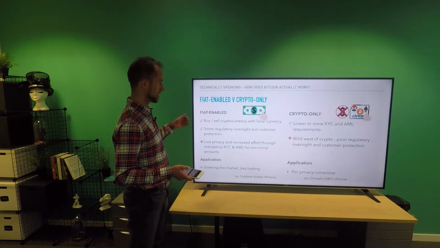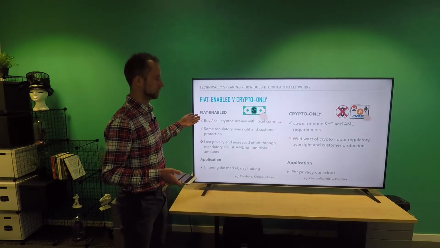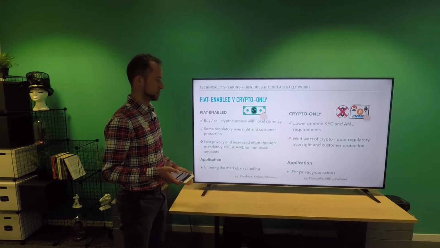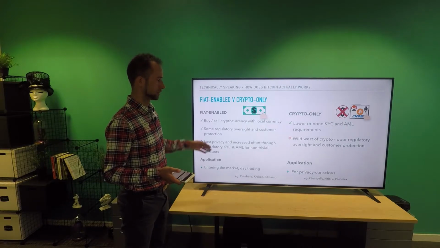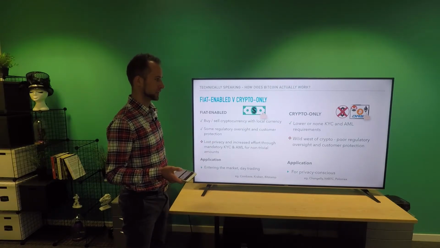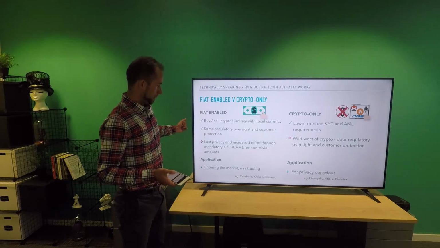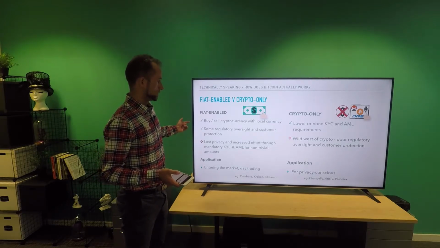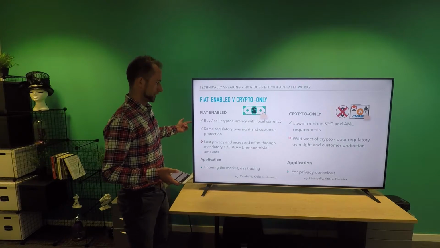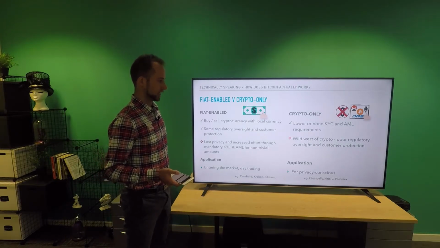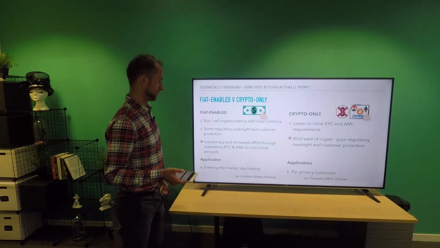And then finally, either fiat enabled, that enables pound, euro, or dollar deposits, or crypto only, which only allow crypto trading and depositing in crypto. The obvious benefit of fiat-enabled exchanges is that they allow you to trade the local currency.